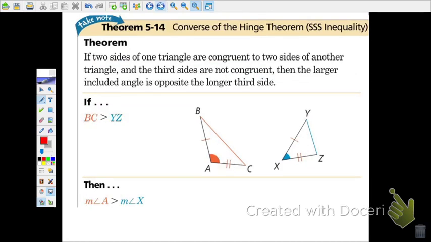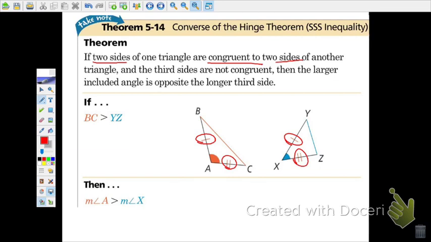So the converse, we still have to have two sides of a triangle that are congruent to the two sides of another. So we still have to see the congruency for two sides. Then this time we know the comparison of the third side.